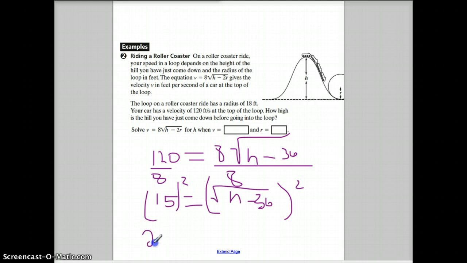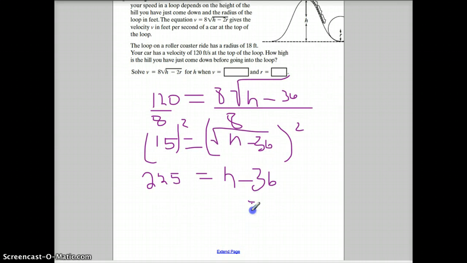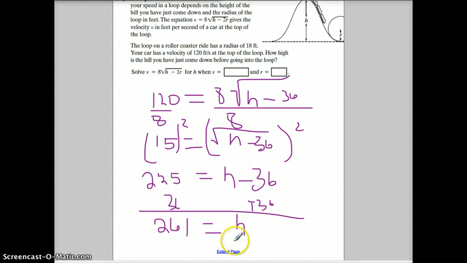And we get 225 equals h minus 36. Okay? And so if we add 36 to both sides, we can figure out that h, the height of the roller coaster, is going to be 261 feet. Real world example here for you.